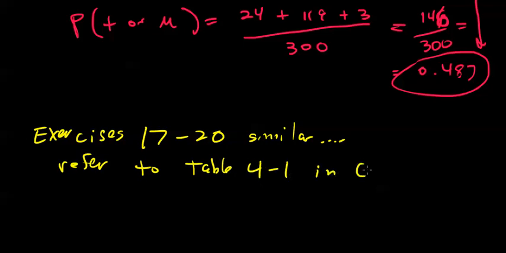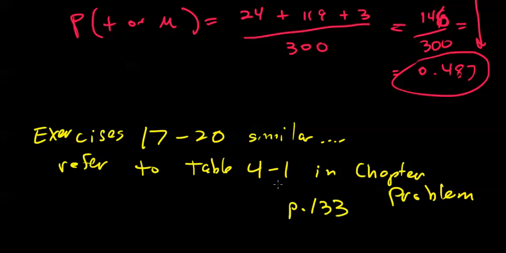And table 4-1 is stated in the chapter problem, that chapter problem that always exists on the very first page of each chapter, and in this chapter it's page 133. Right, so you'll need to refer to that table to complete homework exercises 17 through 20.